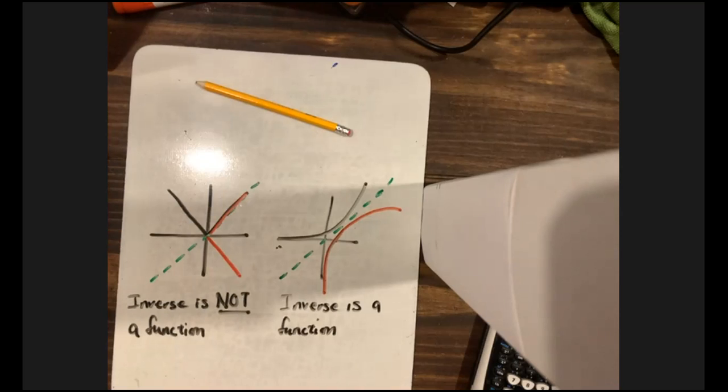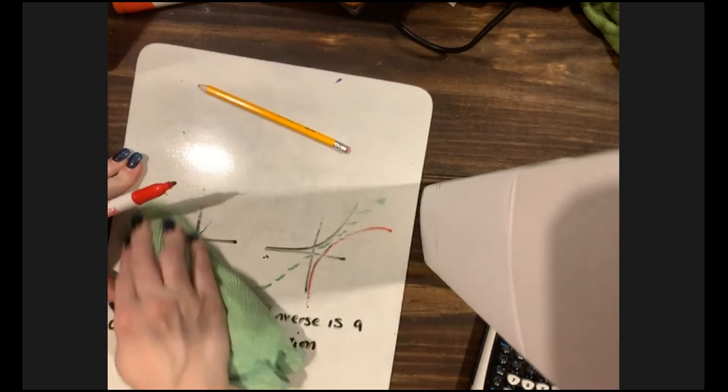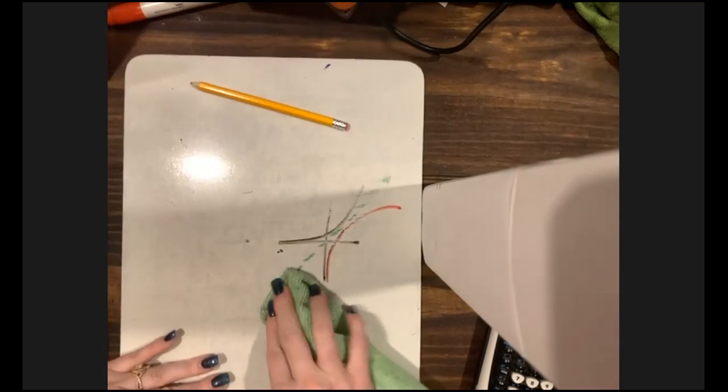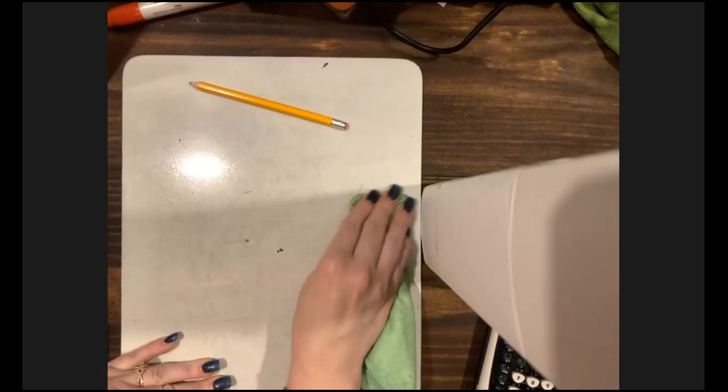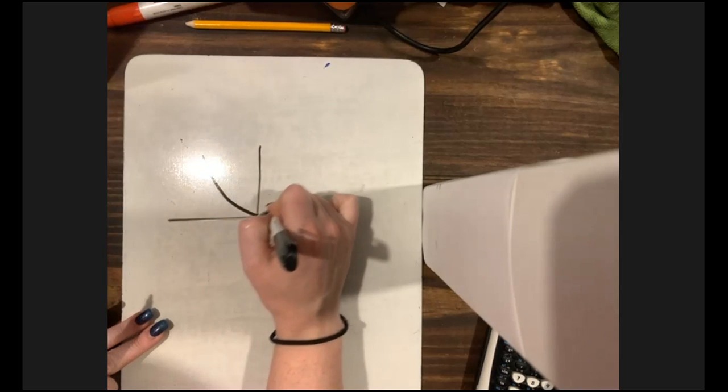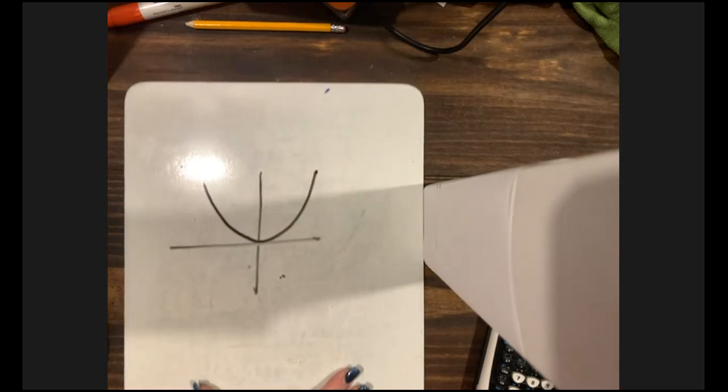Okay, and for domain restricted functions, the reason that they will do this is that the graph for the equation that they want to discuss has an inverse that won't be a function. Okay, so a classic traditional one that we see is, say, a parabola that looks like this.